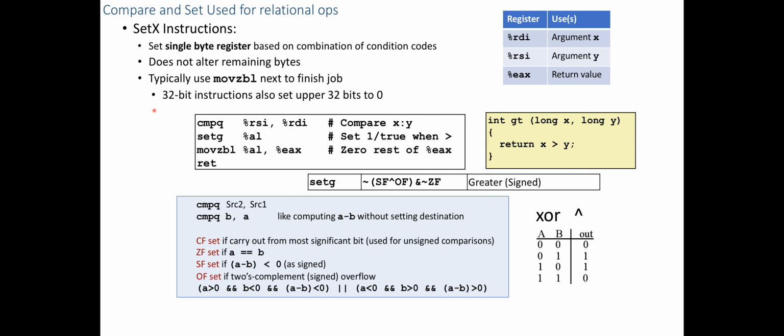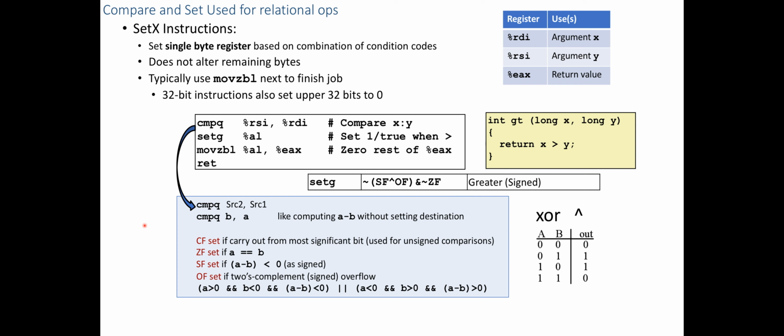But X is here, Y is here. Now, the compare is being done, and that compare from the previous slide that I had up is doing this. It's computing A minus B, and then instead of setting a destination here, it's simply setting the different flags.